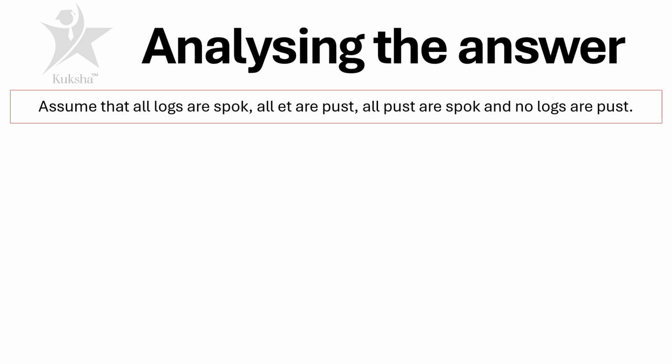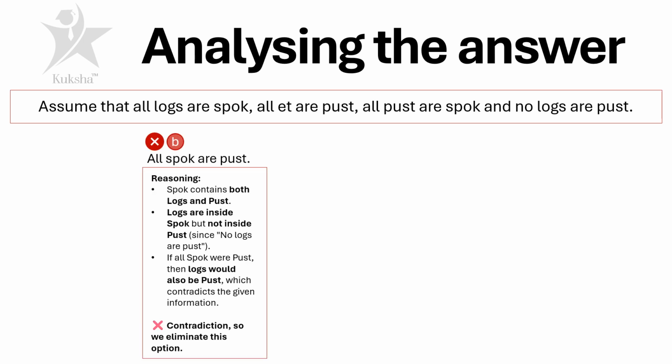So let's analyze the answers. So why is option B incorrect? All spok are pust. Because spok contains both logs and pust, and logs are inside spok but not inside pust, since no logs are pust. If all spok were pust, then logs would also be pust, which contradicts the given information.